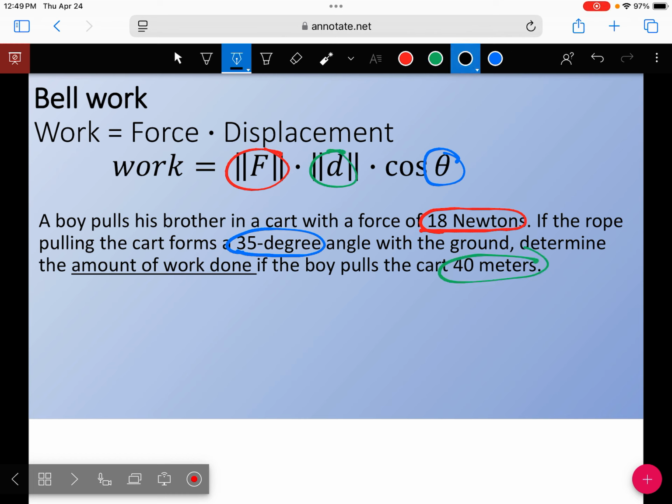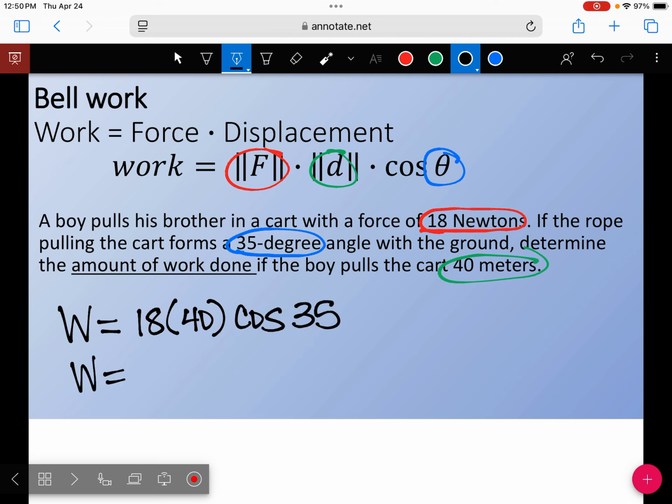So we're simply using our calculator. So work will equal 18 times 40 times the cosine of 35. Go ahead, type that in your calculator. Round everything. We're just going to say from this point forward, everything is to the thousands place.